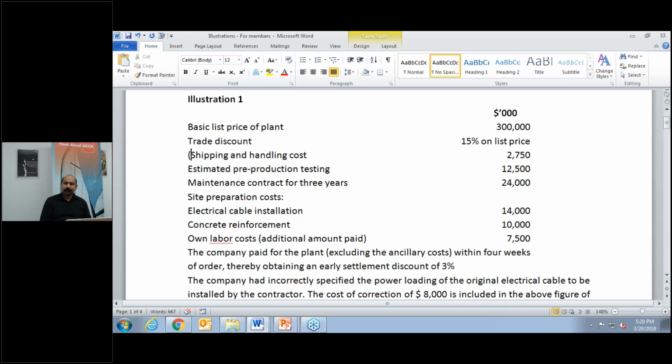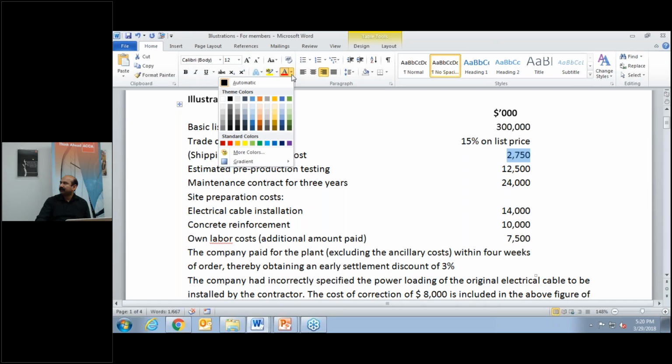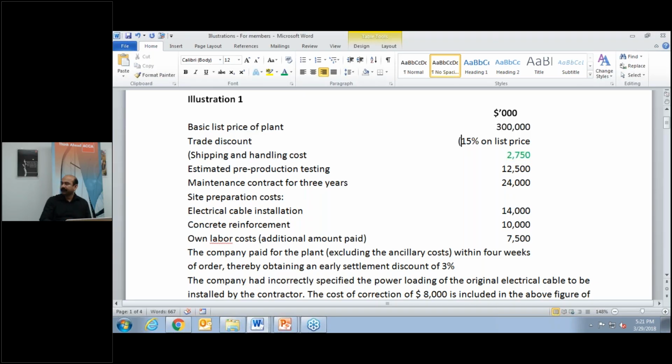Then you will add 2750, which will be straightforwardly added. The 45,000 will be reduced, 15% of the list price, because you have not paid this amount.